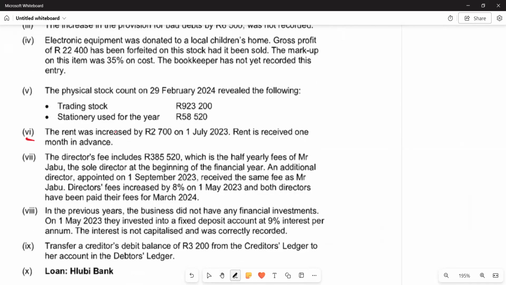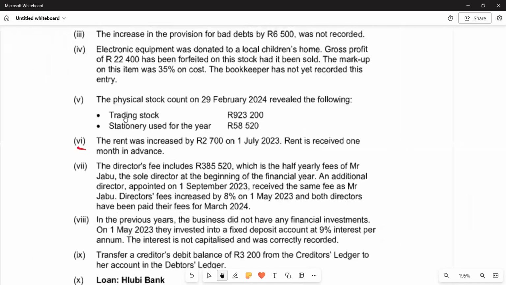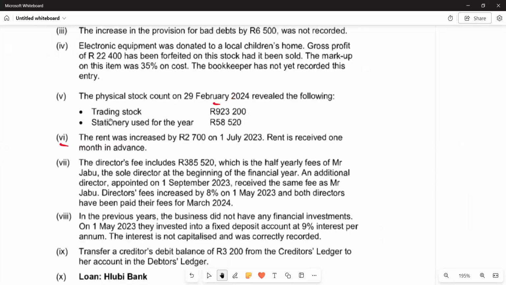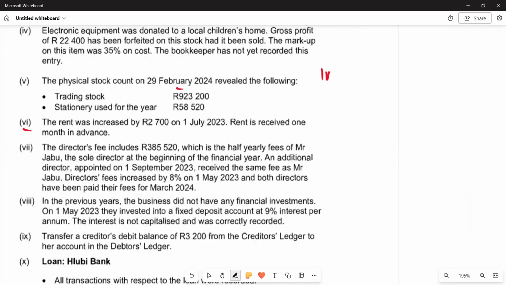So what we are going to do is identify our year. Our year is ending on 29 February 2024, and it means it started on 1 March 2023 and ended on 29 February 2024.